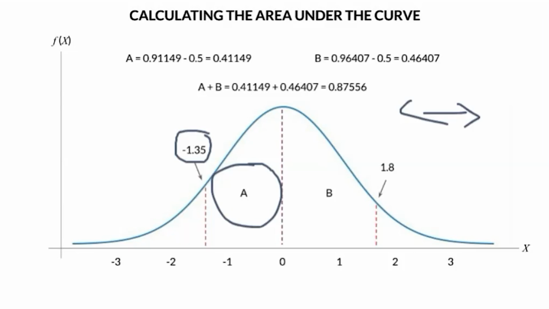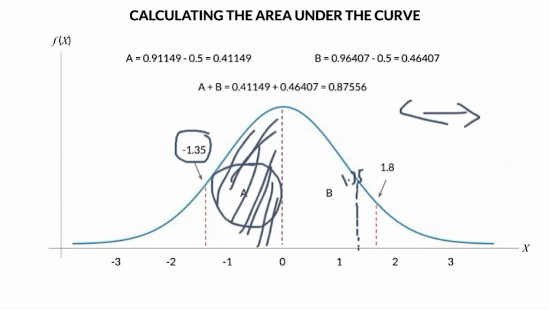So where is 1.35? 1.35 will come somewhere here, right? This is going to be 1.35. So for me, if I want to calculate this part, I need to do what? I need to calculate basically this part.